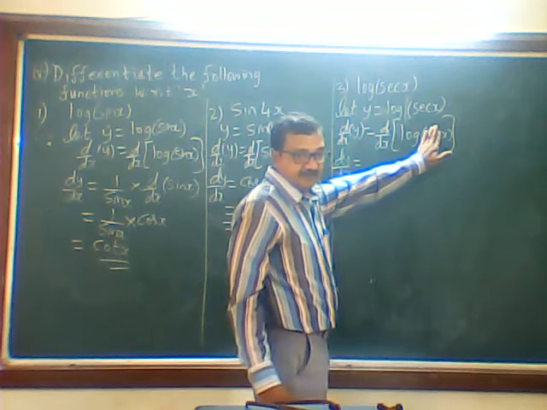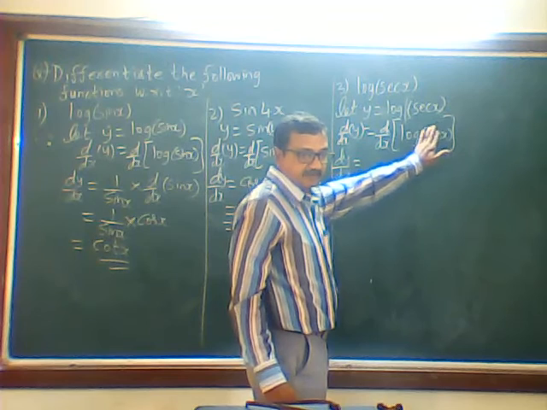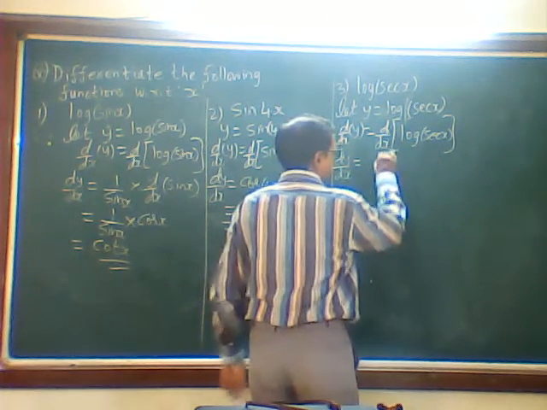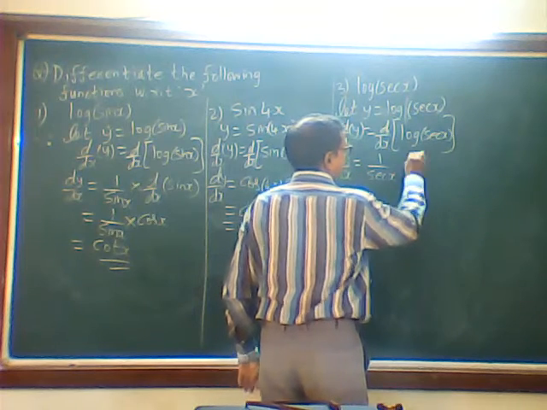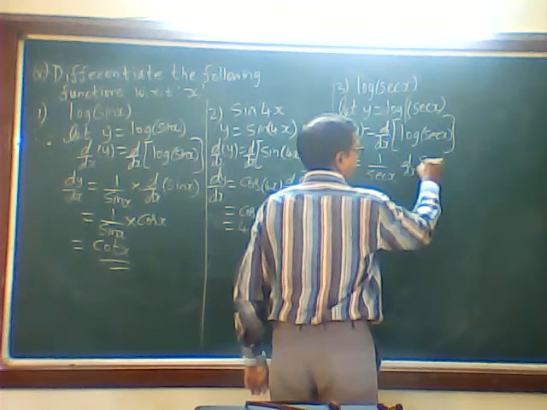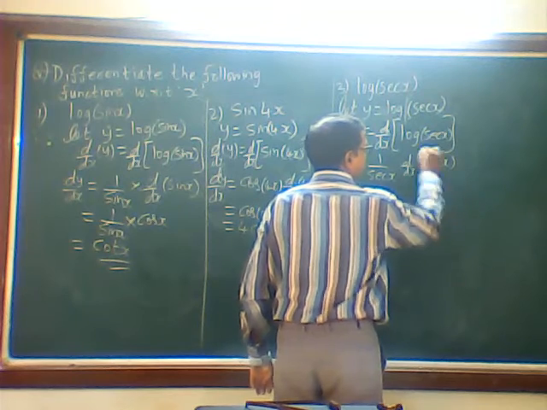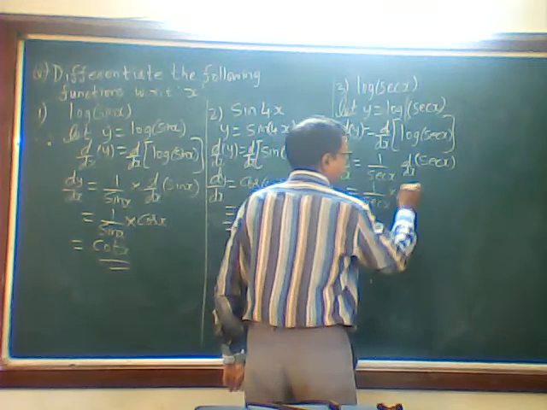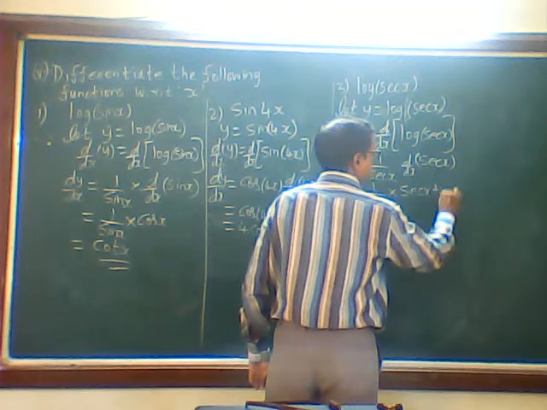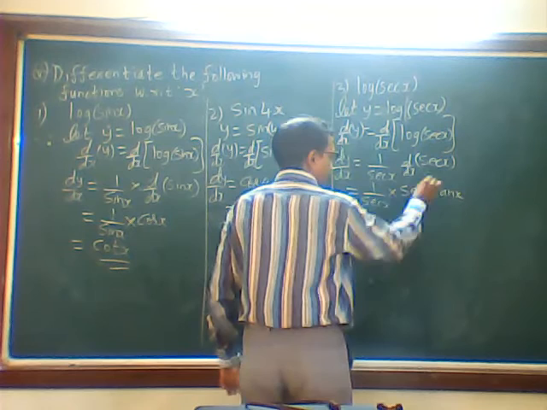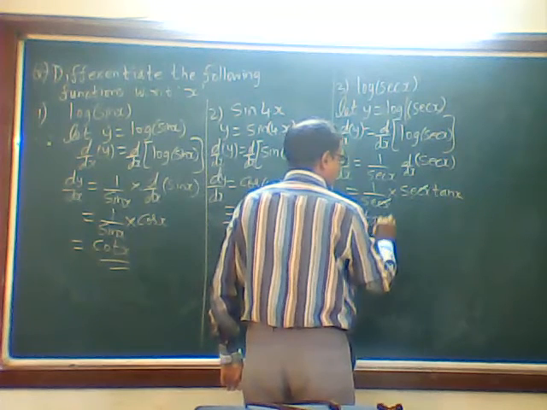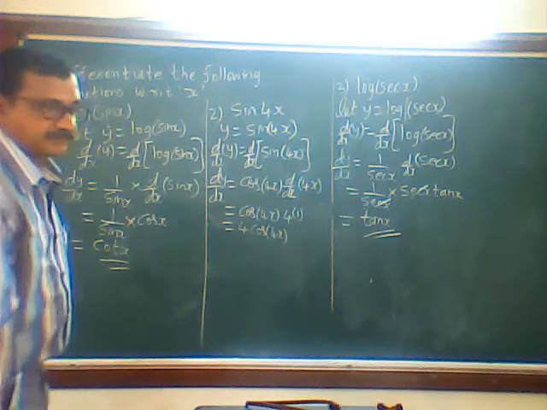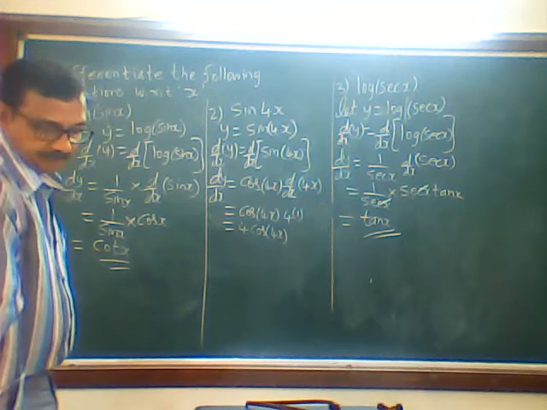For the time being, this sec x, you think it is x again. Log x is what? 1 upon x. But while writing, what is given, that you have to write. It will be 1 upon sec x, then into d by dx of sec x. So 1 upon sec x into d by dx of sec x, which is sec x tan x. So sec x cancels. Tan x. Got it?